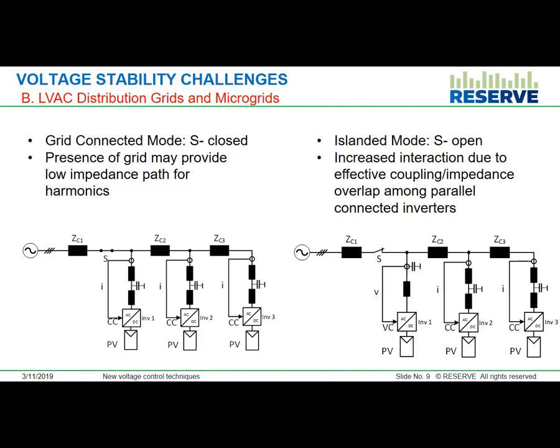Everything would show up in the nodes where inverters are tied up to, and for example, the harmonics injected by this inverter would be measured by this inverter, and it would start to react. So there is no low impedance sink in this case.